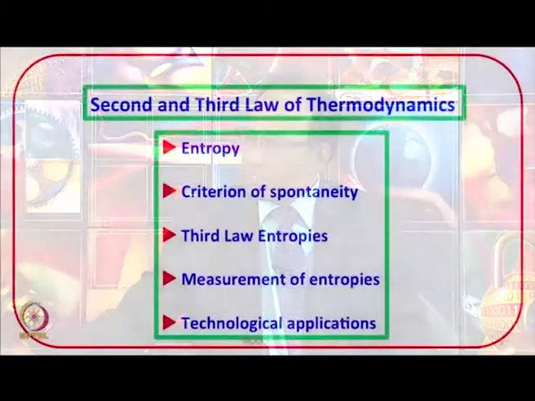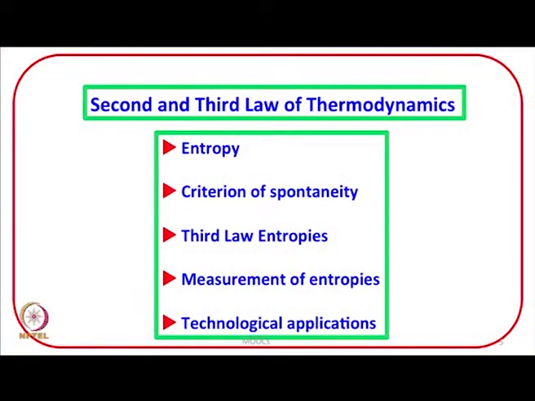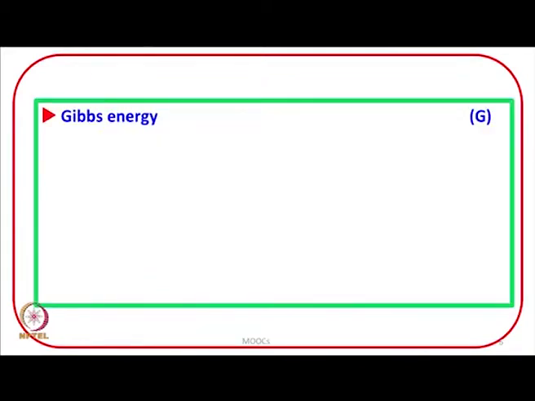And then we discussed that it is not possible to make measurements at absolute 0 because it is not possible to arrive at that temperature. That brought in the discussion on the unattainability principle of the third law. And as I discussed earlier, we did focus on the technological applications of the second and third law of thermodynamics.